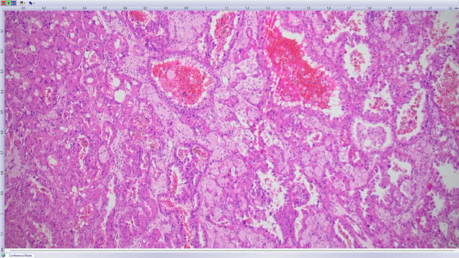So this tumor has a very wide differential diagnosis, starting with papillary renal cell carcinoma, going through TFEB, TFE3 altered renal cell carcinoma, FH deficient renal cell carcinoma, SDHB deficient renal cell carcinoma, to ALK variant renal cell carcinoma. So there is a very wide differential diagnosis.